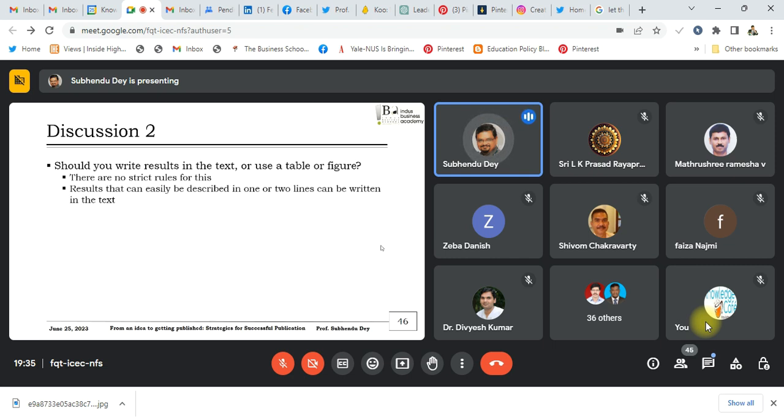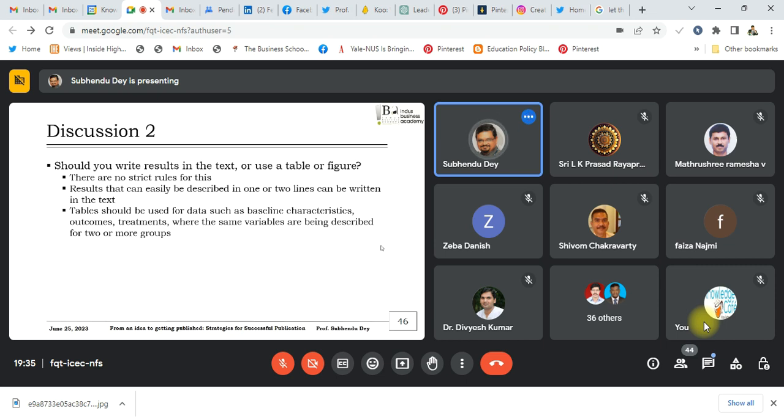Point number two, if you can write the results in one or two lines and explain it very nicely, please go ahead and do that. It becomes very easy to read without any disturbance in the flow. But if it's not in one or two lines, if it is more, it becomes verbose. Please avoid writing in text.